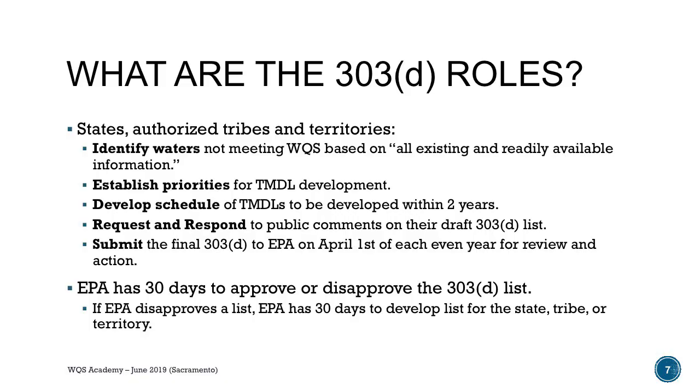And then once we get the list, we just have 30 days to act on it, which isn't much. So what we at EPA tend to do is try to see as much of the list as we can well before it gets to us officially. We look at your public drafts.